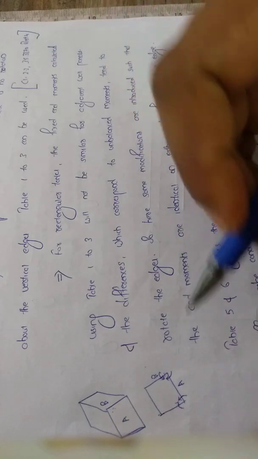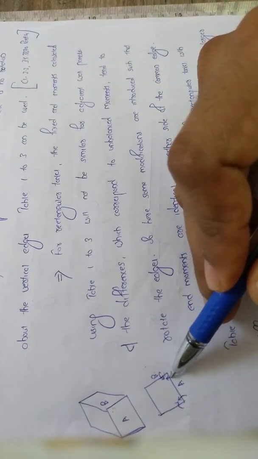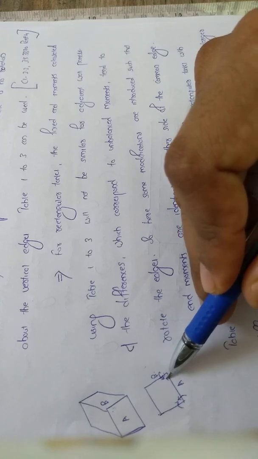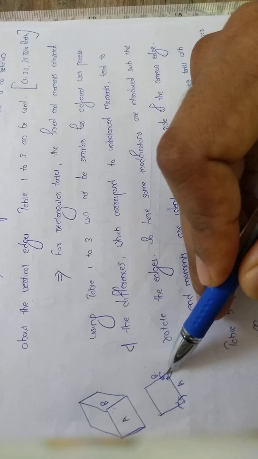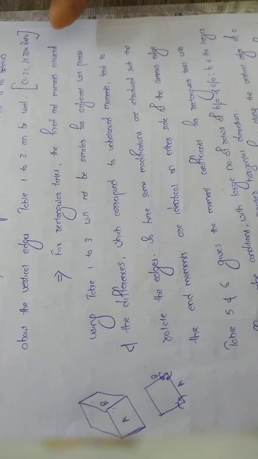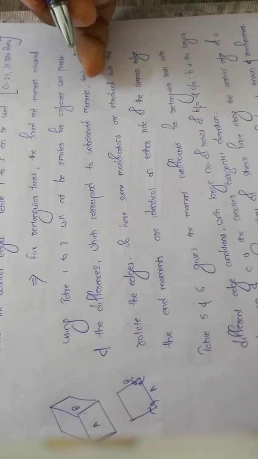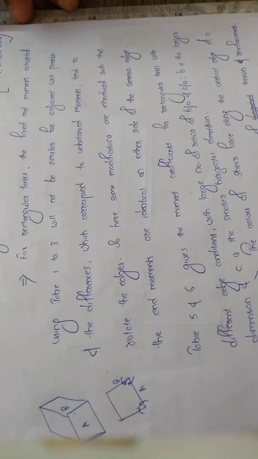That means, if this is the adjacent panel A and B, the fixed end moments which we are calculating from tables 1 to 3 will not be the same at this particular common vertical edge point. And the difference of this fixed end moment corresponds to unbalanced moment, and that tends to rotate the edges.